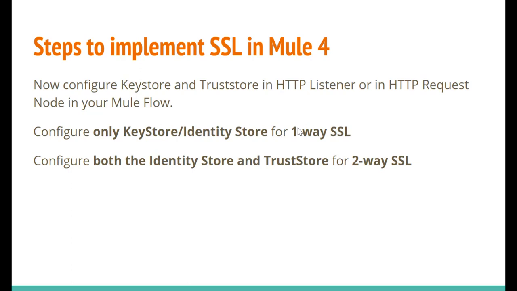So the trust store is responsible for validating the identity of the requester, where the request is coming from. In case of the server, it can also have the key store, that means the identity store, as well as the trust store.